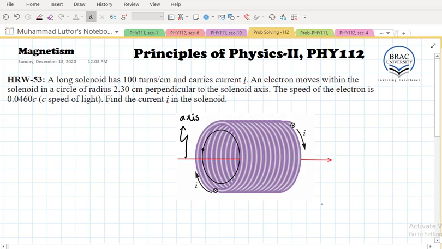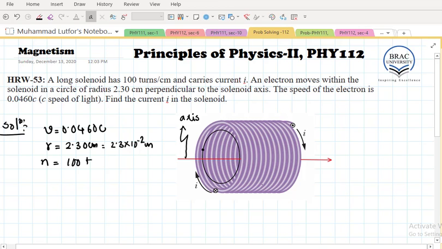Now if we write down the given parameters: the speed of the electron is 0.0460 c; the radius of the circular track of the electron within the solenoid is 2.3 centimeter, that means 2.3 times 10 to the minus 2 meter; and the number of turns in the solenoid is 100 turns per centimeter.